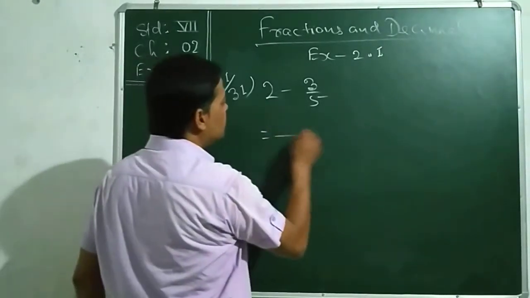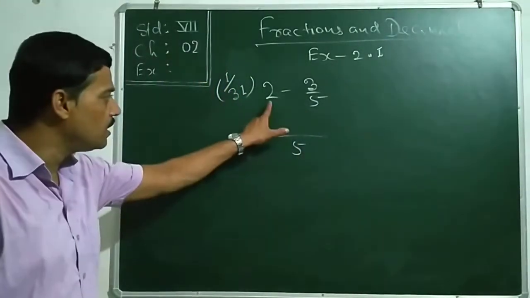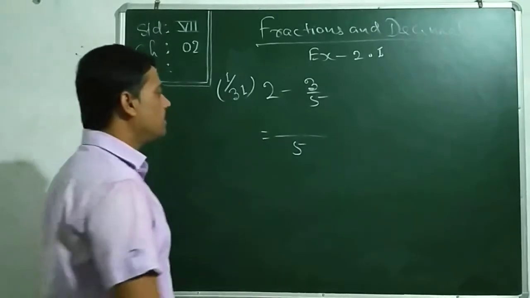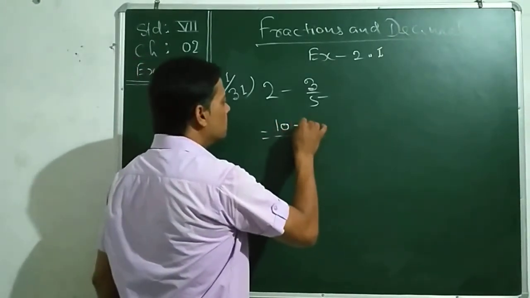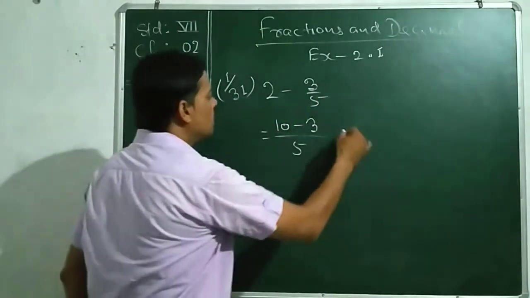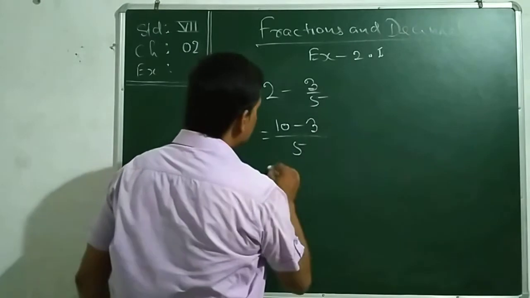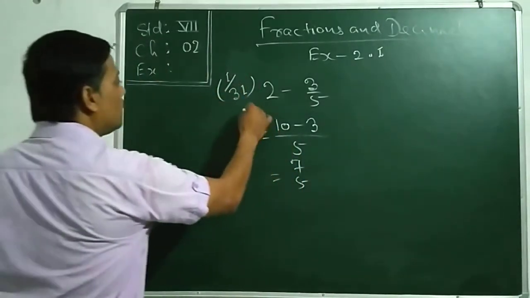If we take the LCM of 1 and 5, 5 is the LCM. 5 ones are 5, so 5 into 2 would be 10, and 5 ones are 5, so minus 3, equal to 7 by 5. This was the first sum.